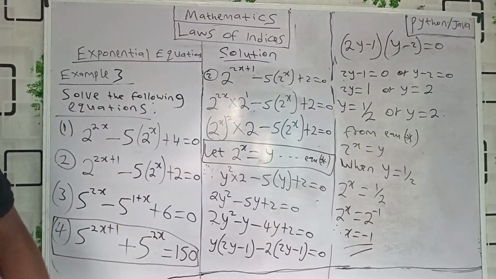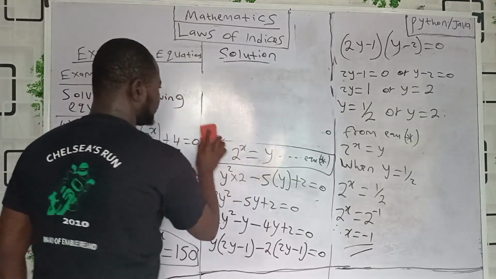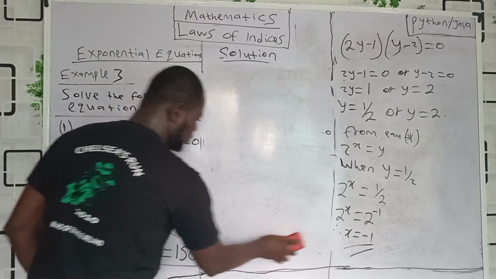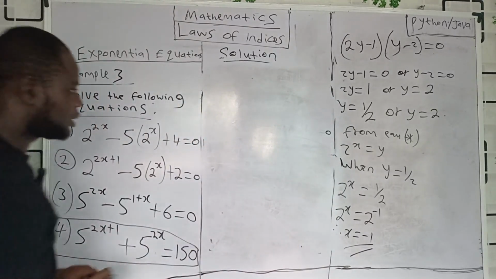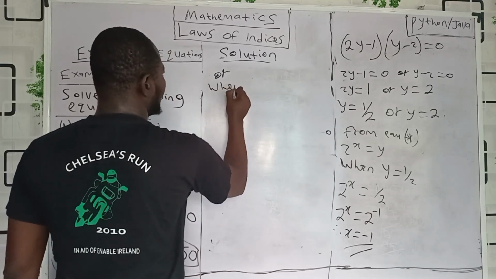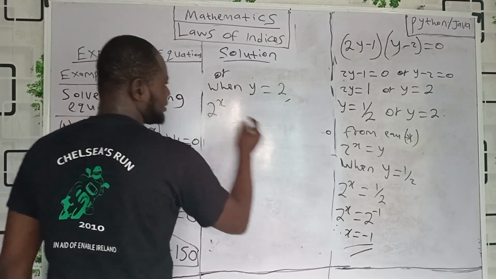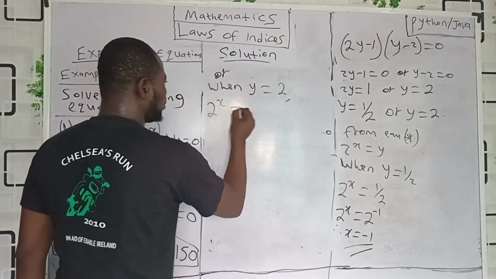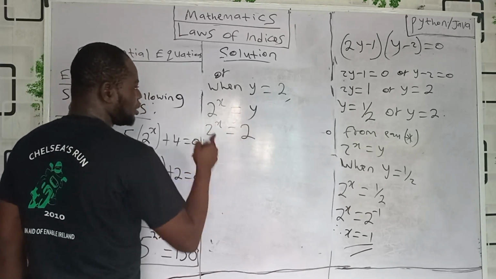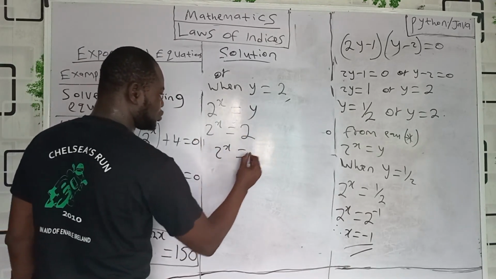And finally, when y is 2, then we have 2 raised to power x equal to y, so 2 raised to power x equal to 2. The power of 2 here is 1, because I can say 2 raised to power x equal to 2 raised to power 1.